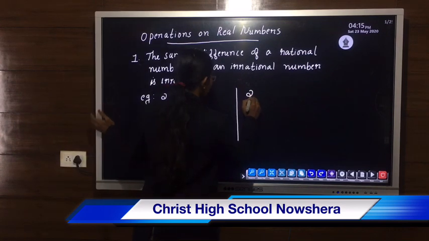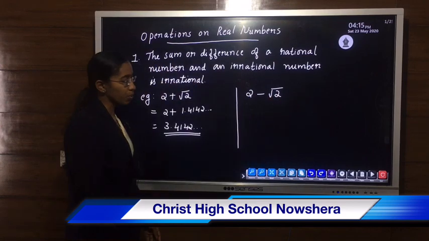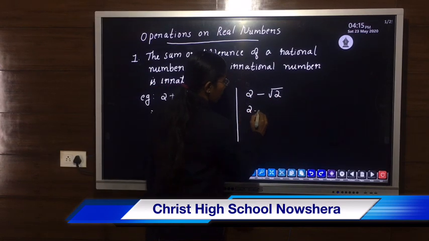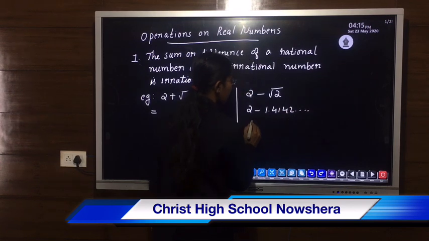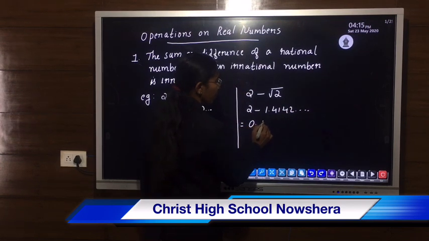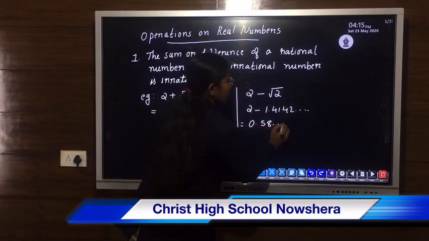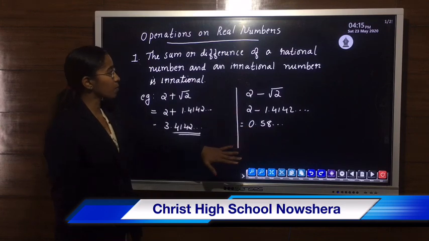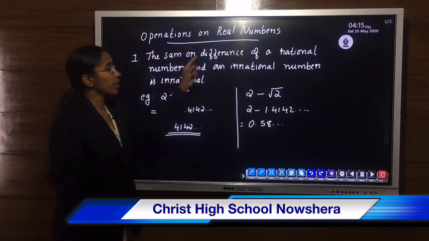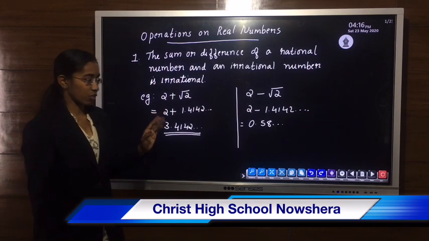That is 2 minus root 2, that is 2 minus 1.4142 etc. That value is almost 0.58 something like that. So this answer is also an irrational number. So what is our first point? The sum or difference of a rational number and an irrational number is irrational.